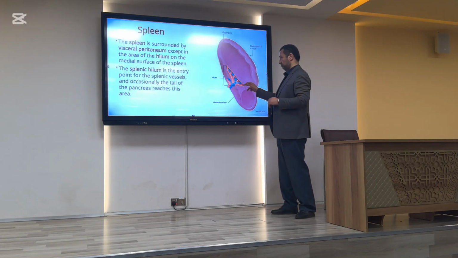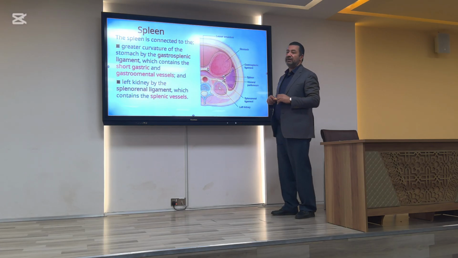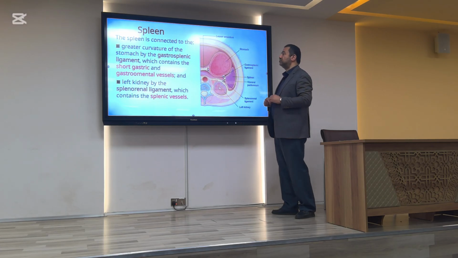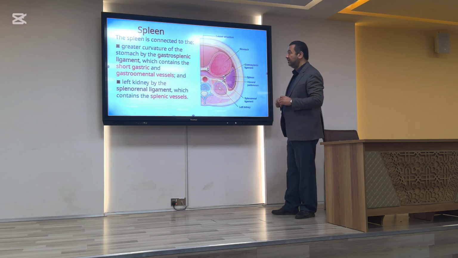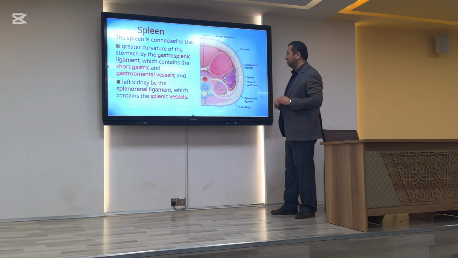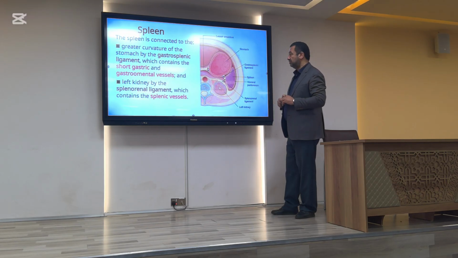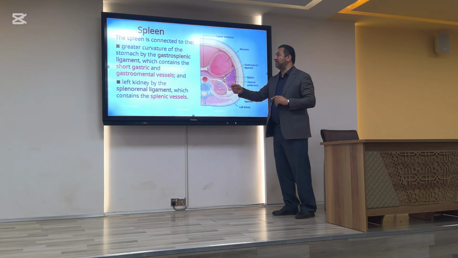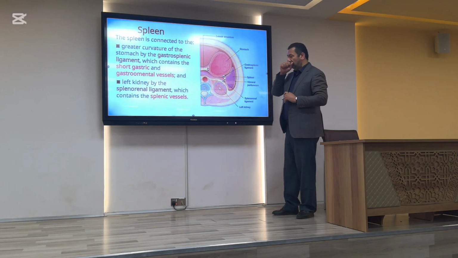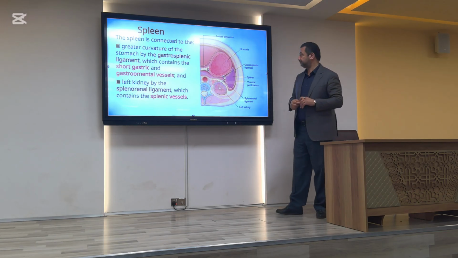This is the hilum. The spleen is connected to the greater curvature of the stomach by the gastrosplenic ligament, which contains the short gastric and gastroomental vessels. And it connects to the left kidney by the splenorenal ligament, which contains splenic vessels and the tail of the pancreas.